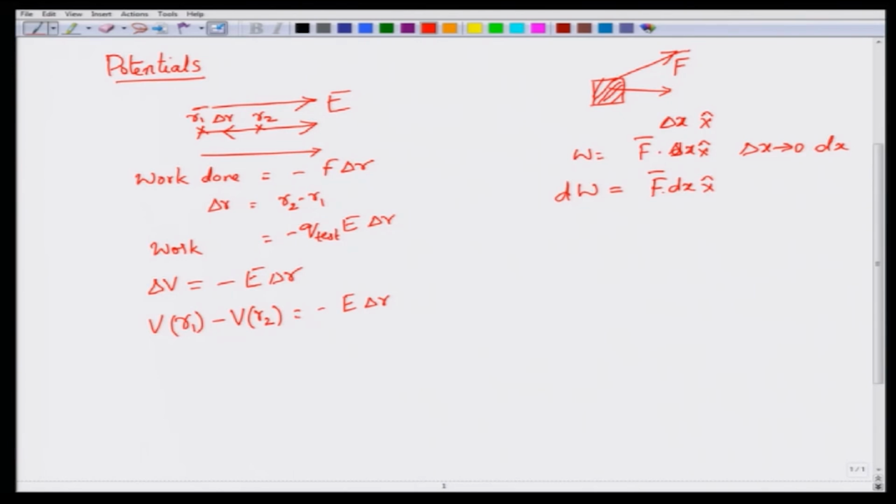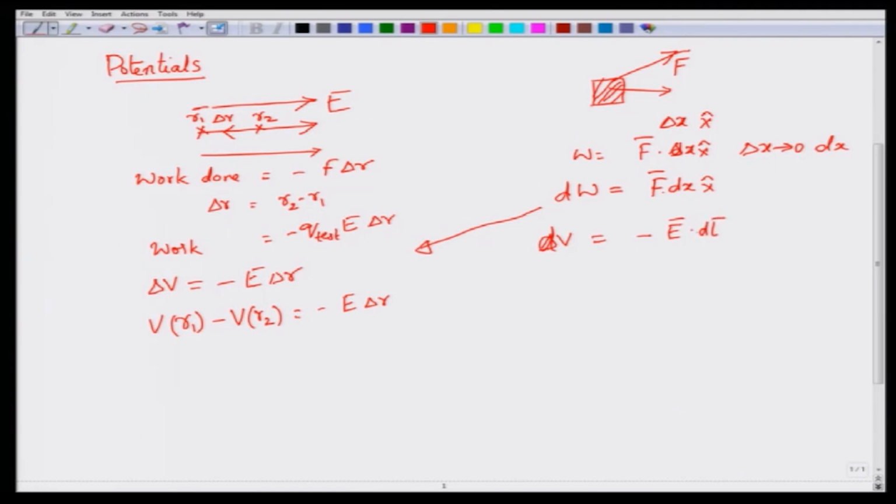Okay. So, this is the amount of work that is done. Now, with the same analogy with respect to the electric field, we can write that the differential amount of voltage between the 2 points, if I move a distance dx, is given by minus E dot dl.